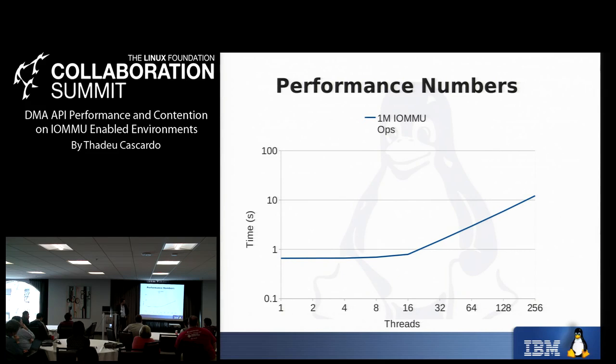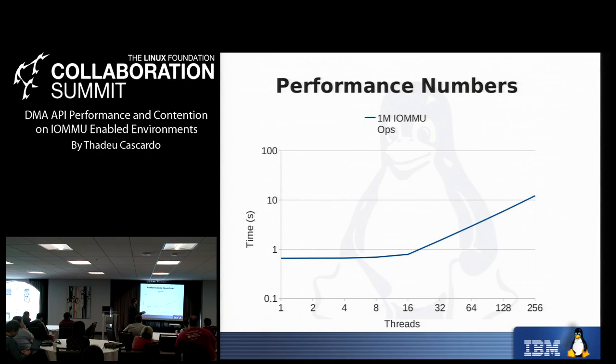In order to see if the IOMMU itself is causing contention, because it's virtualized and the hypervisor is doing something, I tested only doing direct access to the IOMMU, so I skipped the DMA API.